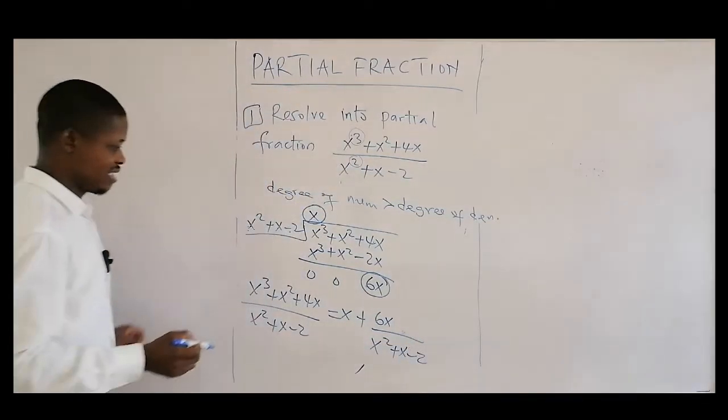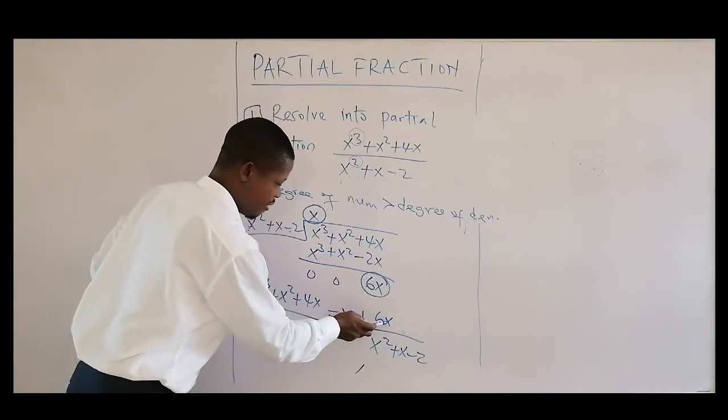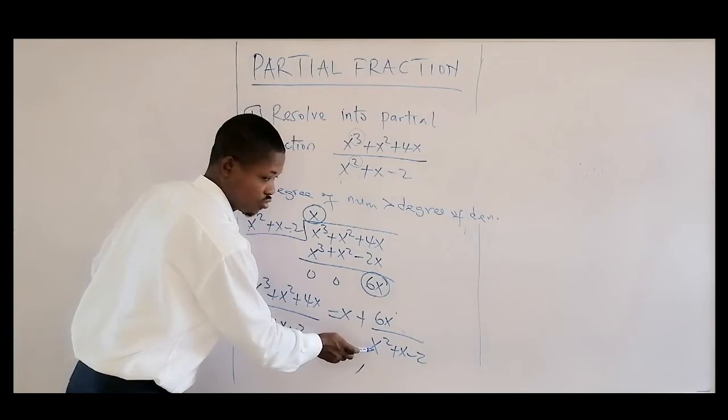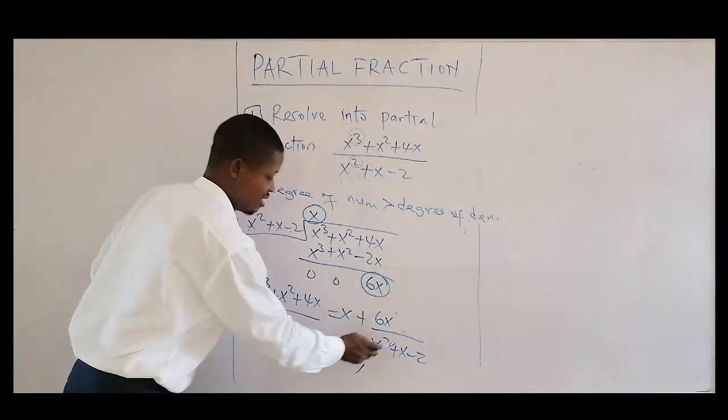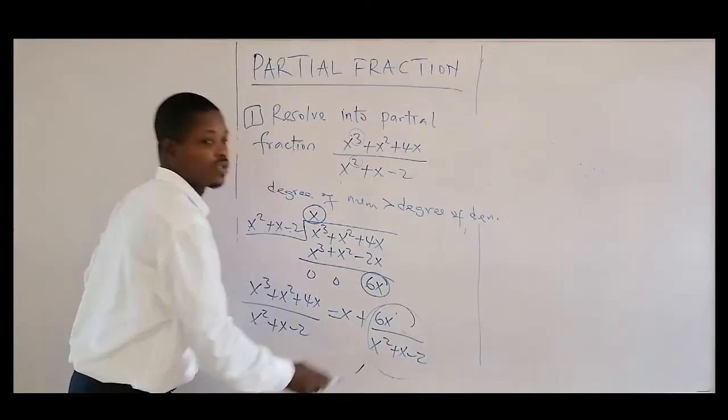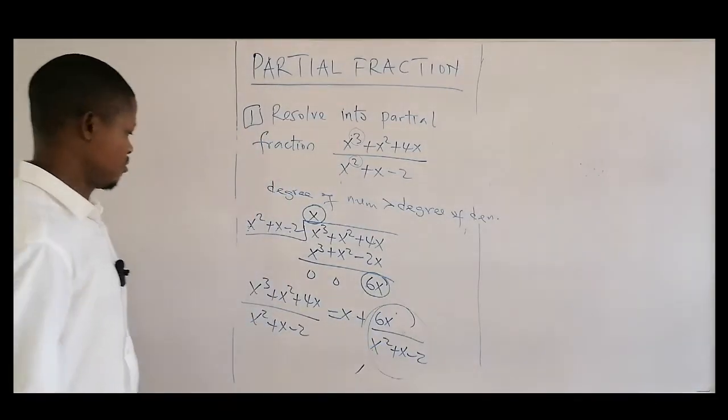You now realize that the degree of the numerator is 1, which is lower than the denominator. Then you carry out partial fractions for that fraction.